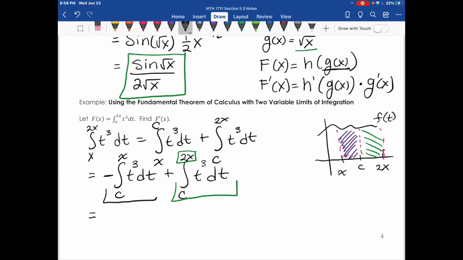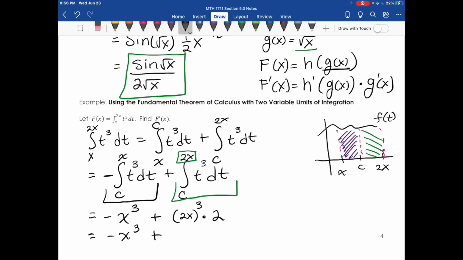So when I finish writing this down, when I take the derivative of the first integral, I'm going to get negative x to the third plus, now when I take the derivative of the second integral, this is going to be 2x to the third times the derivative of 2x, which is 2.